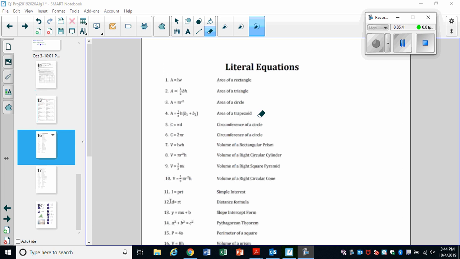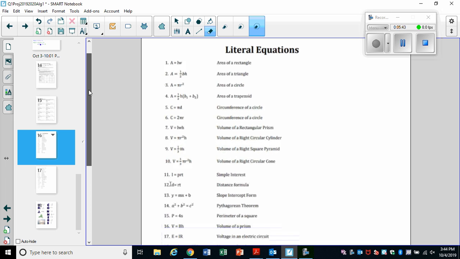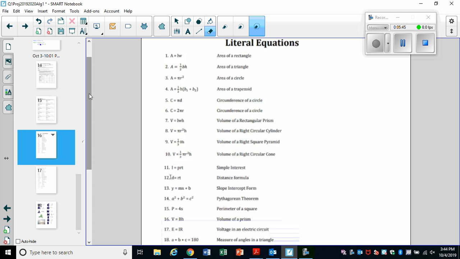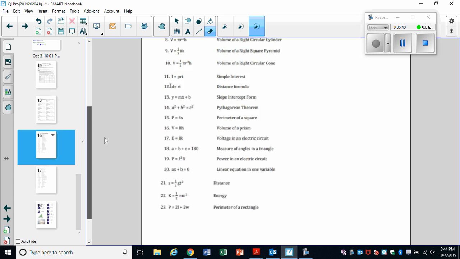Here is a list of literal equations. I will post this on Google Classroom as well. We have 23 on the first page. One thing, for problem 12, it should be D equals RT. So I will fix that, and we will be on our merry way.